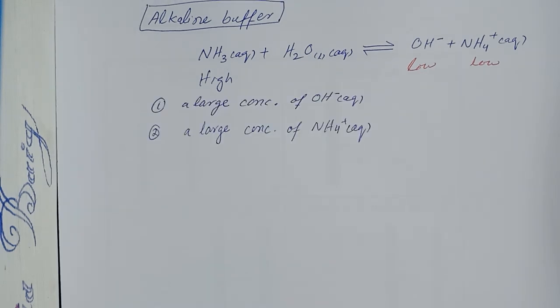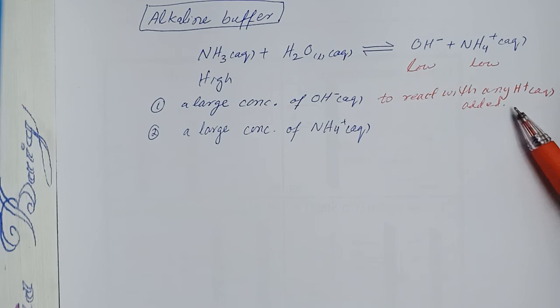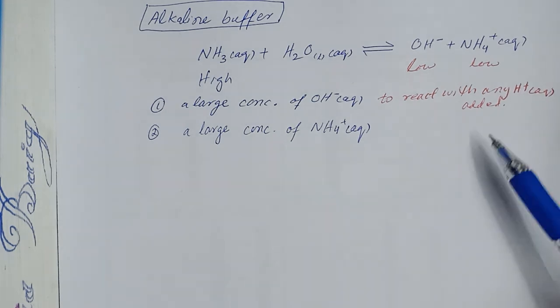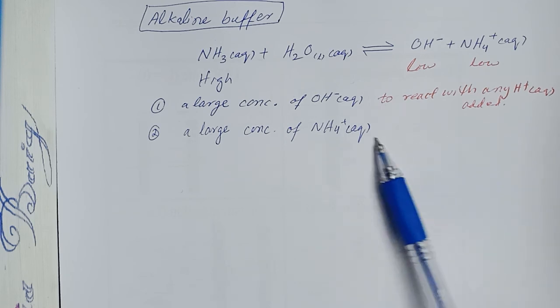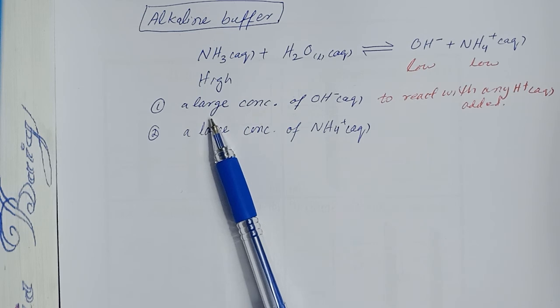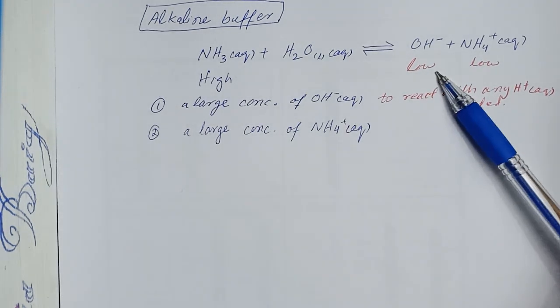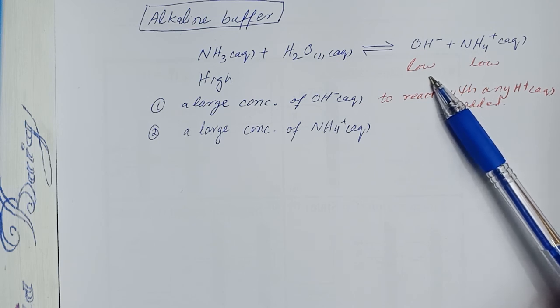Number one is a large concentration of hydroxyl ion which is useful to react with any hydrogen ion added. It means when we add an acid, it will generate hydrogen ion within the solution, and these hydrogen ions must react with hydroxyl ion that must be provided from the solution in large excess. So the concentration of hydroxyl ion is low.